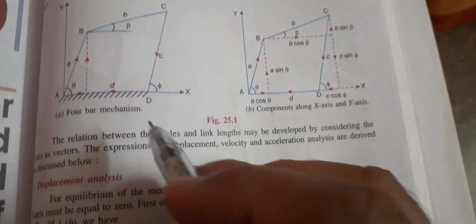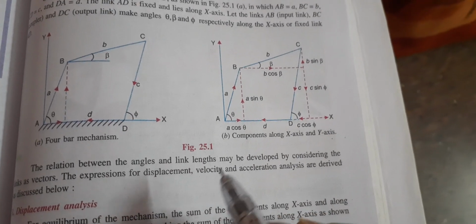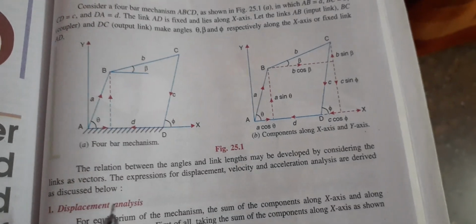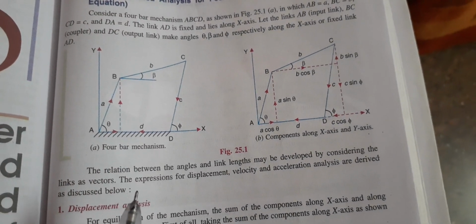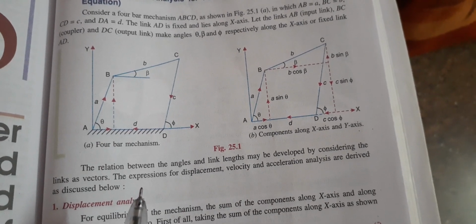Is it clear? Next, the relation between the angles and the link lengths may be developed by considering the links as vectors. The expressions for displacement, velocity and acceleration analysis are derived as discussed below.